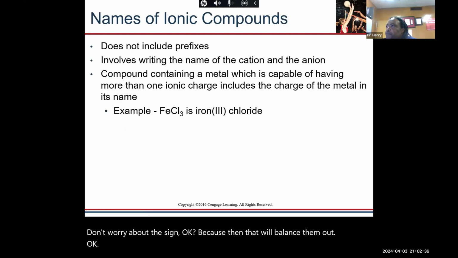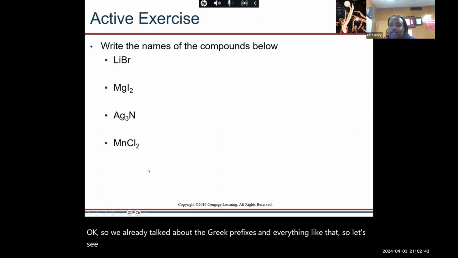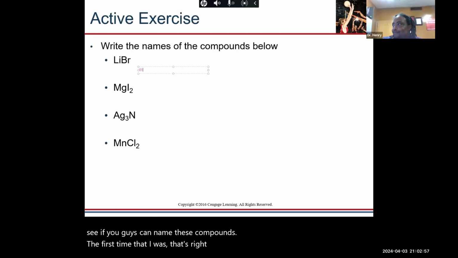Okay, so we already talked about the Greek prefixes and everything like that. Let's see if you guys can name these compounds. The first one, that's for lithium, right? Lithium what? Bromide.